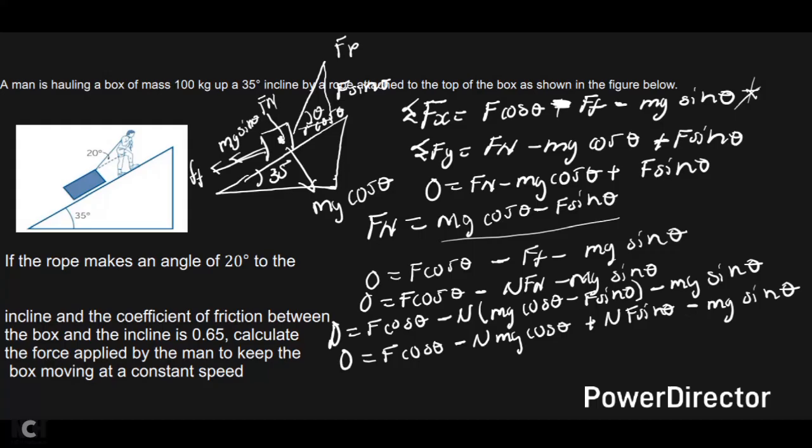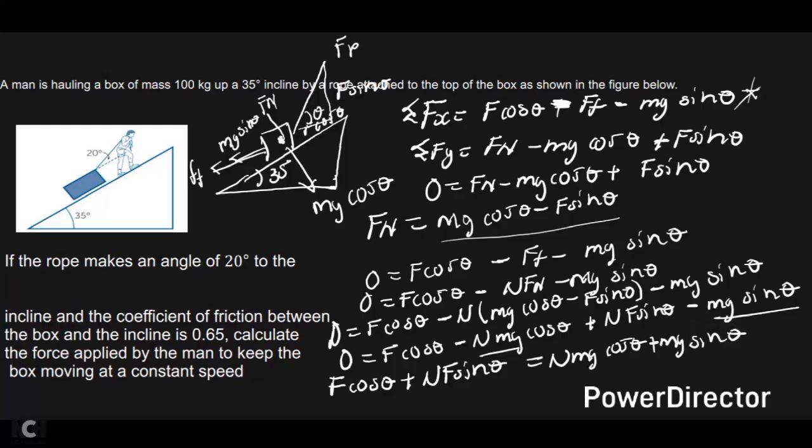Meaning that this one and this one jump to the equal sign, right? So we have F cos theta plus mu F sin theta is equal to mu mg cos theta plus mg sin theta, like that.